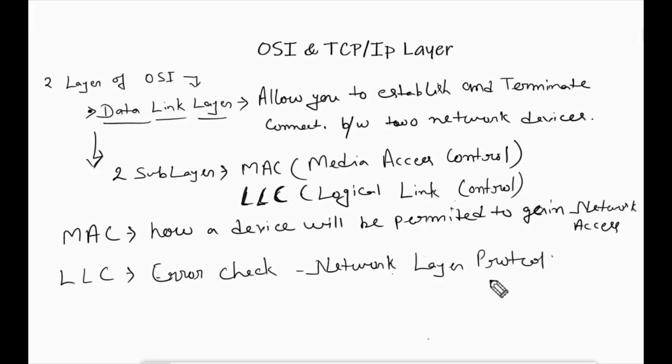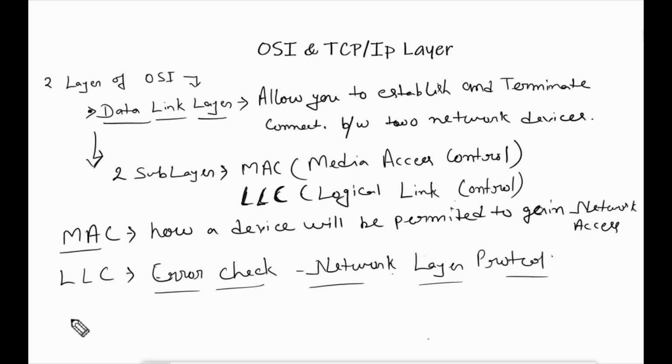So this is the difference between MAC and LLC, also how the MAC and LLC work. MAC has nothing to do with other things, it just takes care of the permission of the device, that how the device will gain access in the network, and LLC checks for the error control for the network layer protocols.